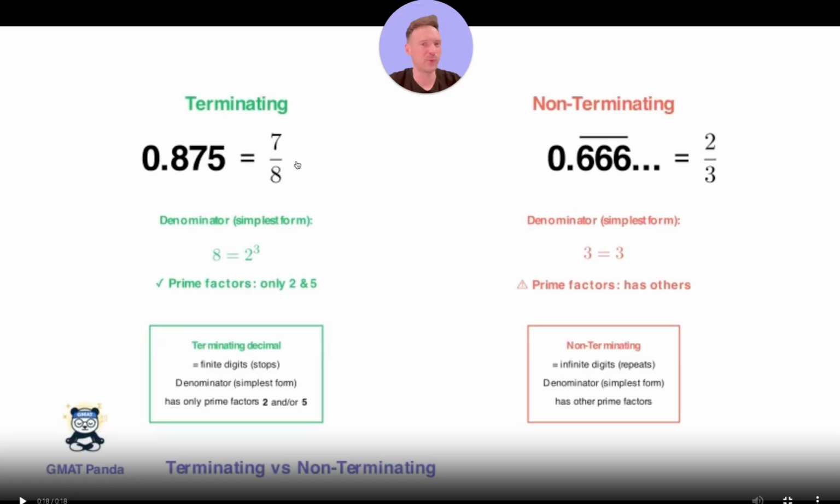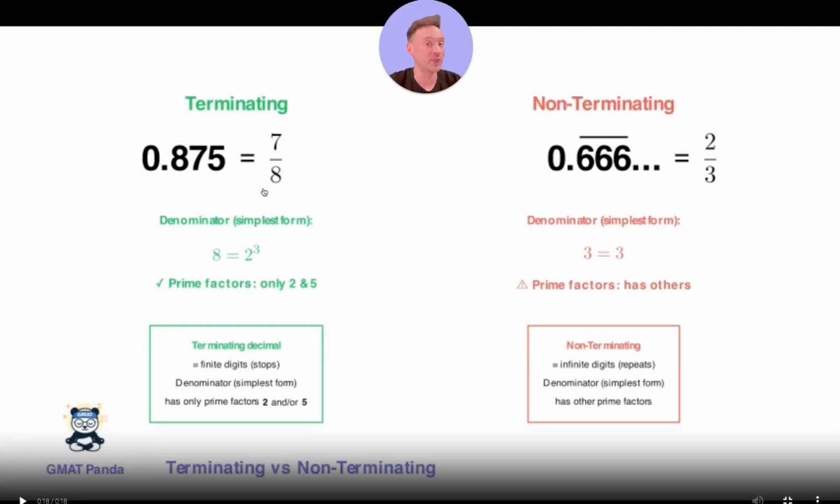Keeping things very simple for now, in this particular fraction, 7 over 8, the denominator is 8, and we can write 8 as 2 times 2 times 2, or we can also write that as 2 to the power of 3.